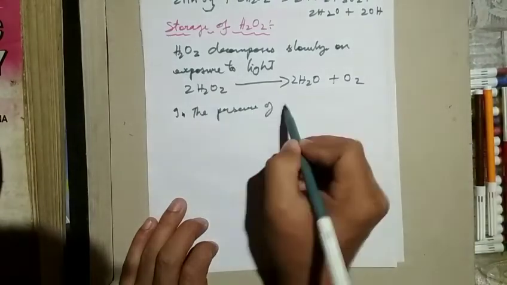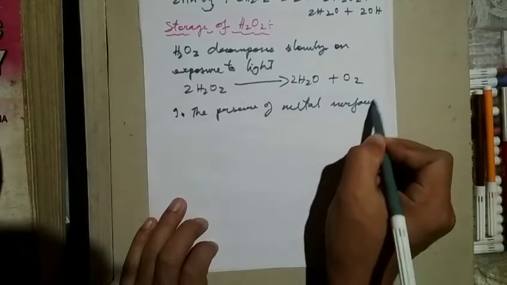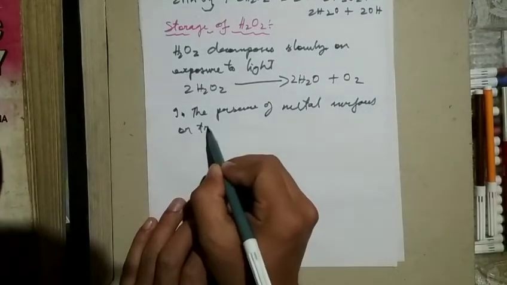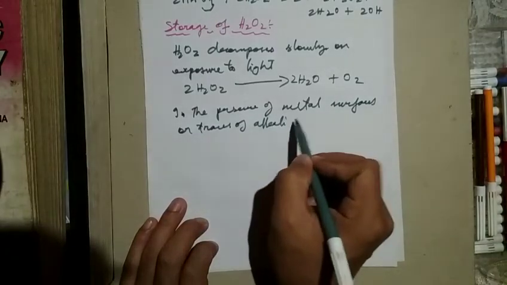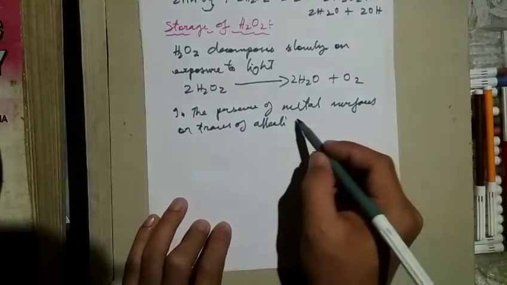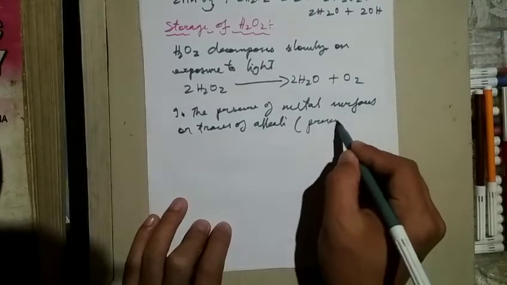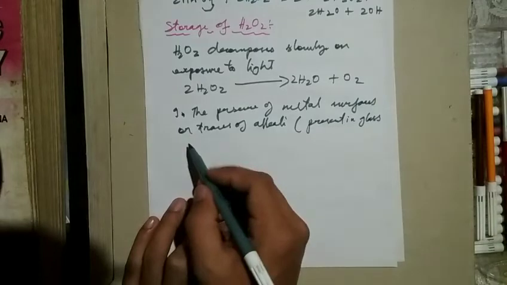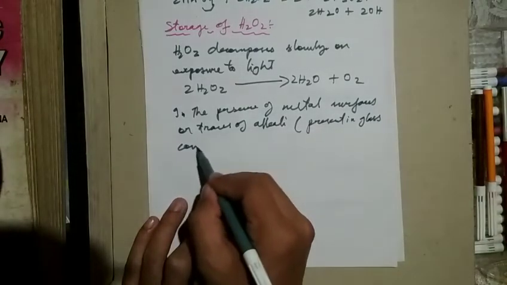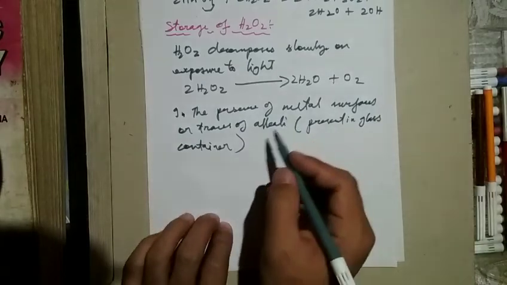Presence of metal surfaces or traces of alkali, which you will find in glass, that is a glass container. In the lab we usually use glass containers.